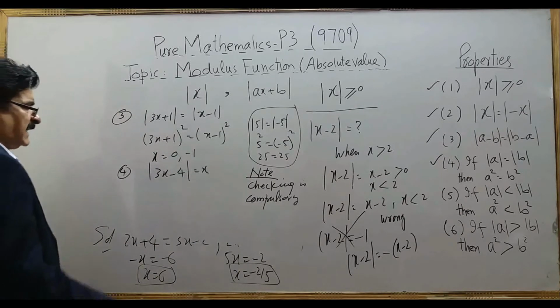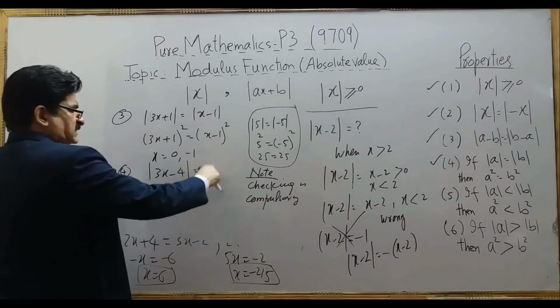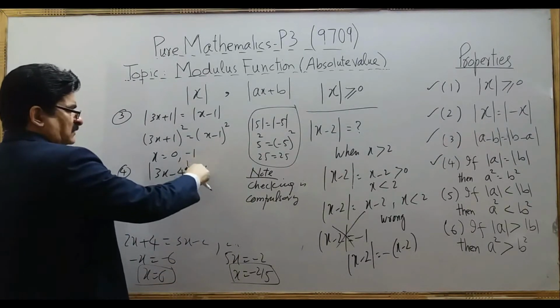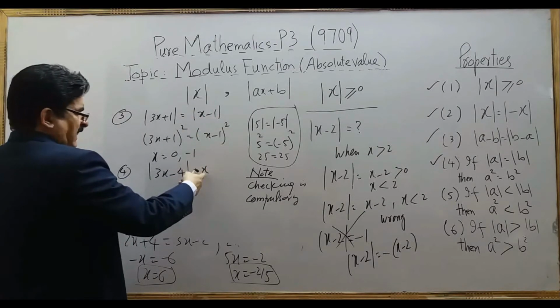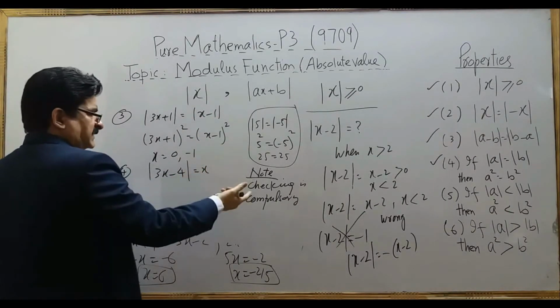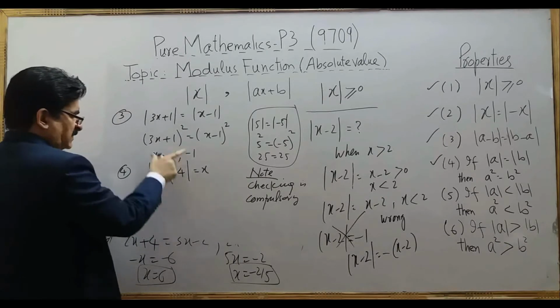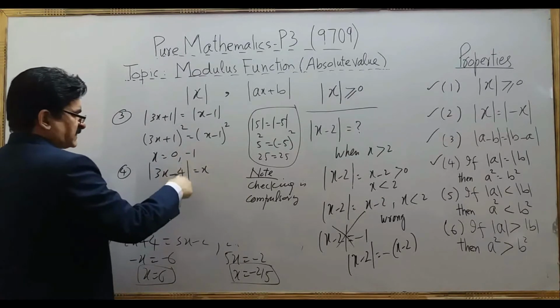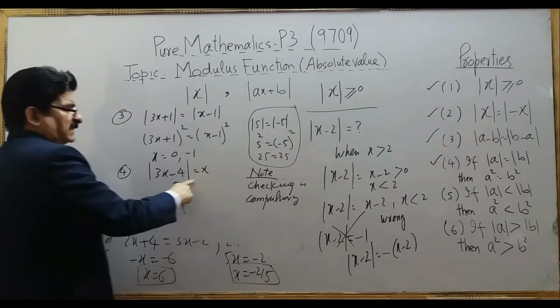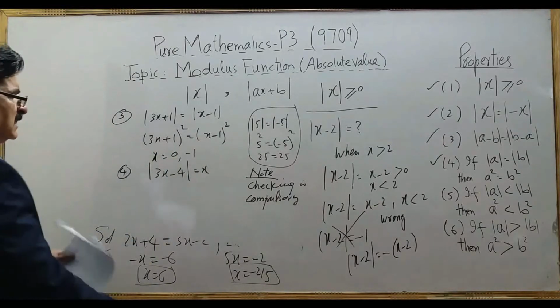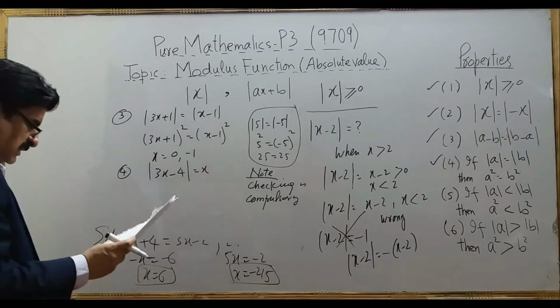The reason is that on one side we don't have mod, so x is any real number, so x can be negative or positive, but here we need positive x. So if we get some negative value of x, that will of course not satisfy this equation, as I will show you this.